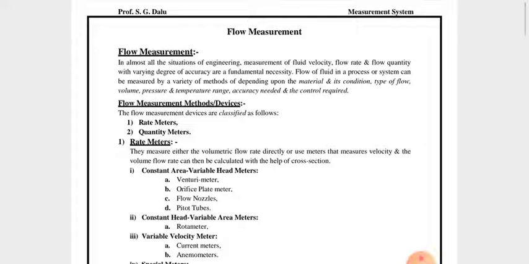Means when we say flow measurement, what is the first thing that comes to your mind? Flow measurement means anything which is a liquid, or we may call it a fluid, which is flowing through a pipe, flowing through a space.